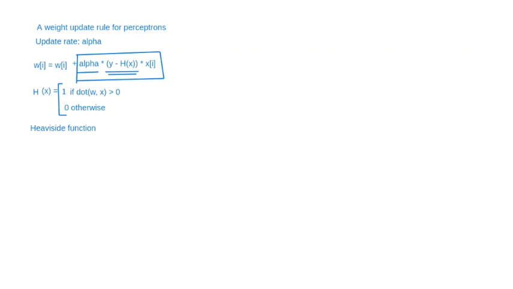Now, the way this works is we have our perceptron set up, and we feed in a piece of training data. So we set up our perceptron and we put arbitrary weights on it. We put in a piece of training data, see if it gives the right answer.